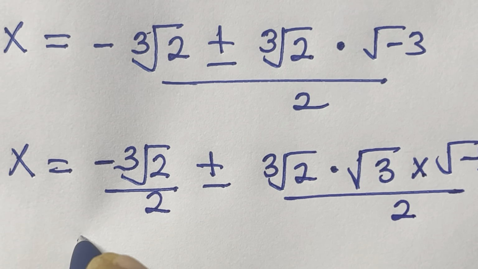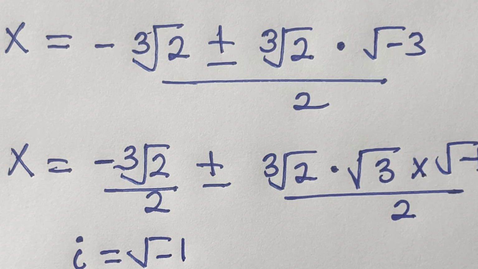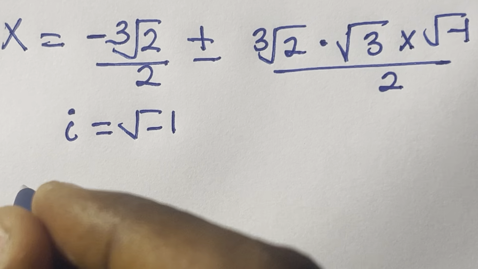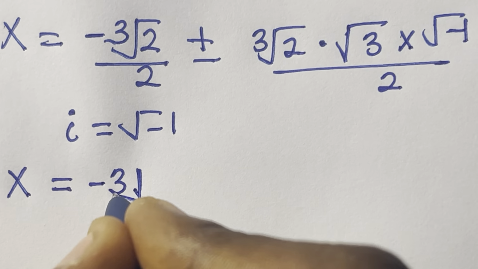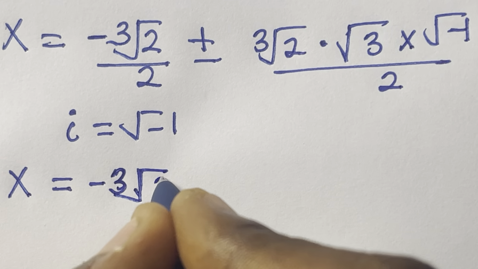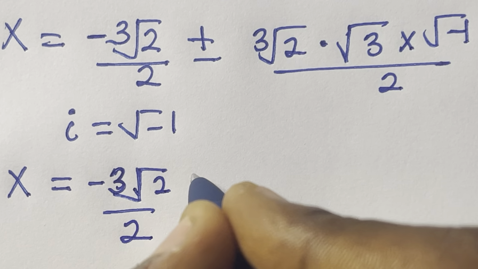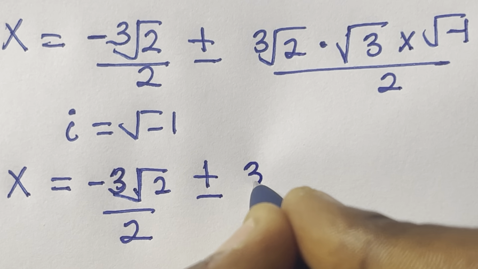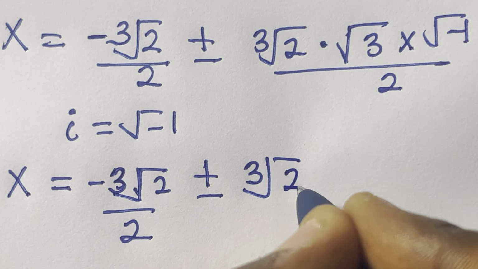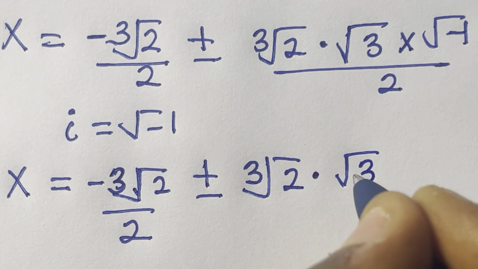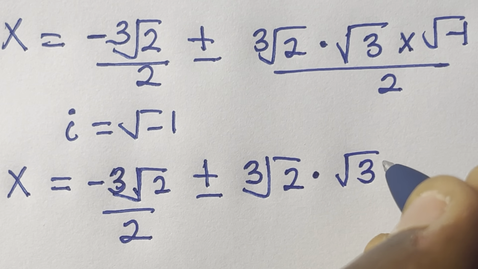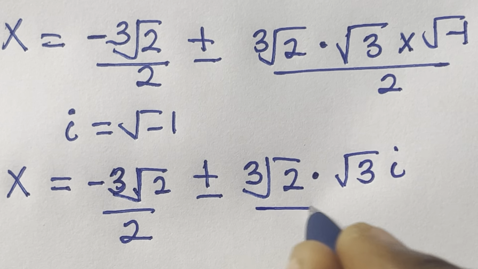But recall that i equals square root of minus 1. So we'll have x equals minus cube root of 2 divided by 2 plus or minus cube root of 2 times square root of 3 i, divided by 2.